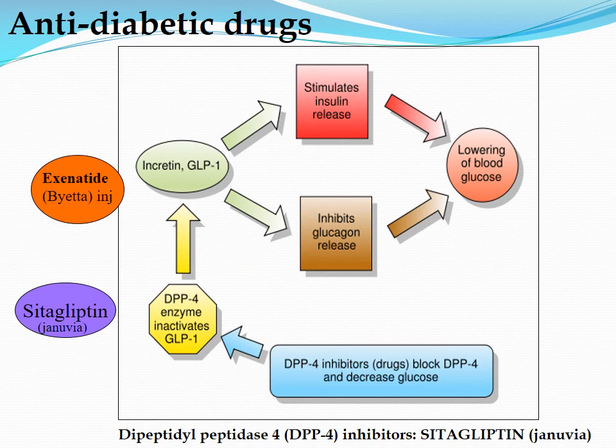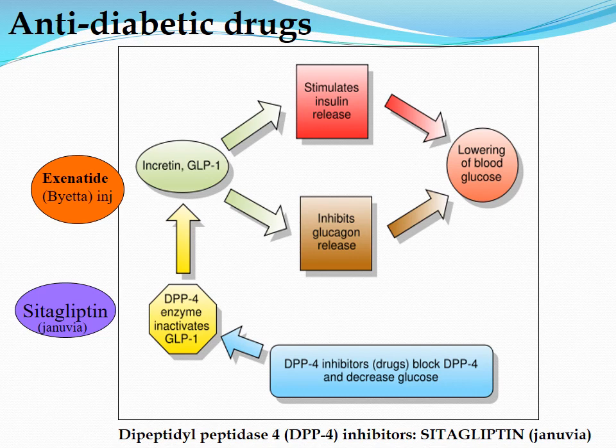This slide will show briefly what we said before, that glucagon-like peptide 1 is rapidly metabolized. Its action is to act on beta cells to stimulate release of insulin and to inhibit glucagon release, leading to lowering of plasma glucose level.